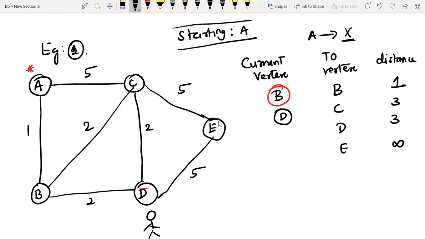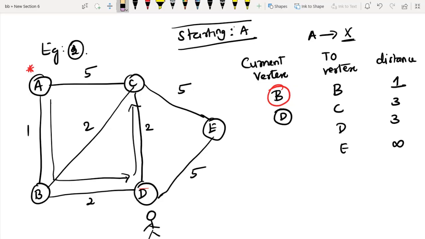From D, I can move to E and C because those two are directly connected. So I am going to manipulate the values of C and E in this table. Should I manipulate the value of B? No need. From A you should move to C through the current vertex, that is D. So 1 plus 2 is 3, plus 2 is 5.